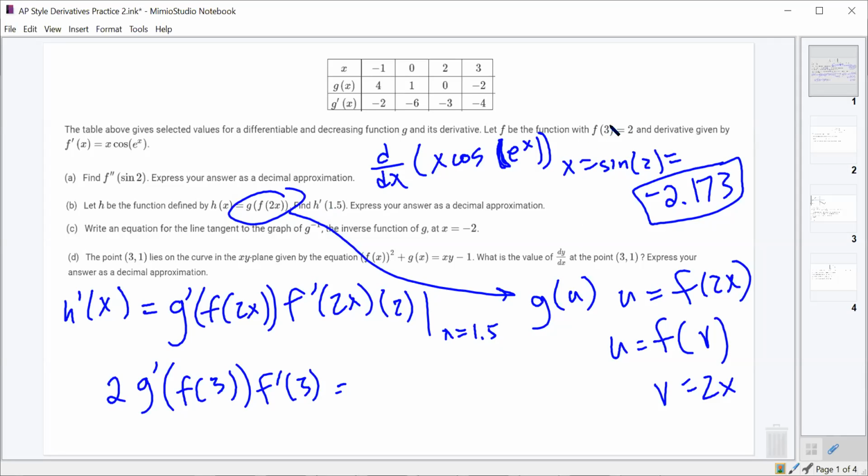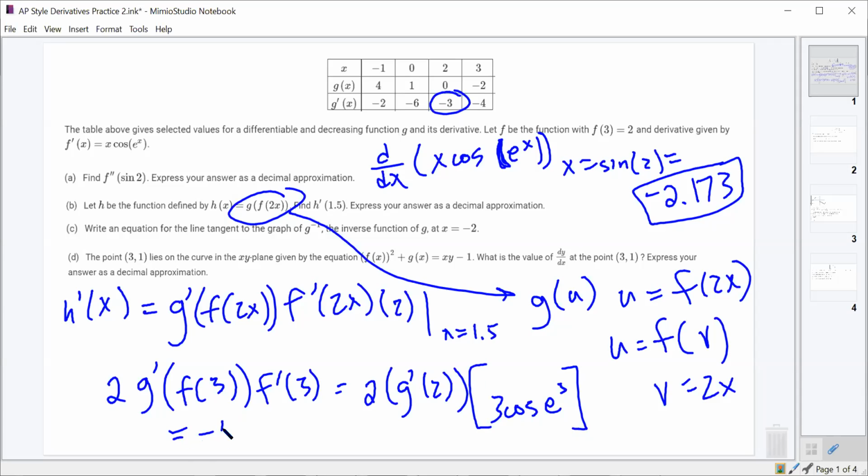F of 3 is equal to 2. So this is 2 times g prime of 2 times 3 cosine of e cubed, if we plug in for f prime of 3. And g prime of 2 we can find as negative 3. So we end up with this equals negative 18 cosine of e cubed.